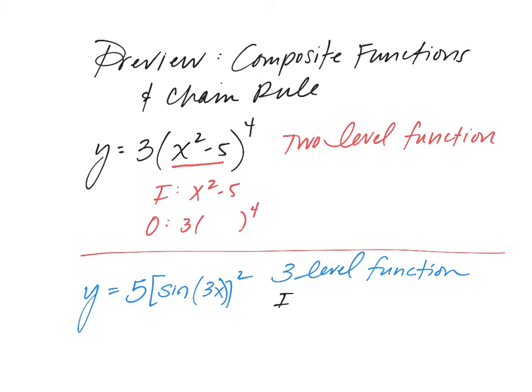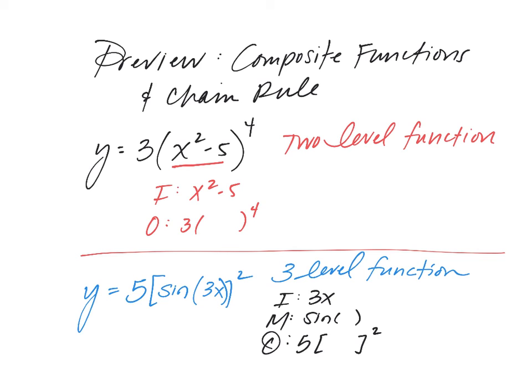Working from the inside out, the inside would be 3x. The middle would be the sine function. And the outside would be 5 times the quantity in brackets to the second power. All right, so this first idea, composite functions, is just identifying the different levels that exist within a function. The whole purpose of us doing this is so we can utilize a chain rule.